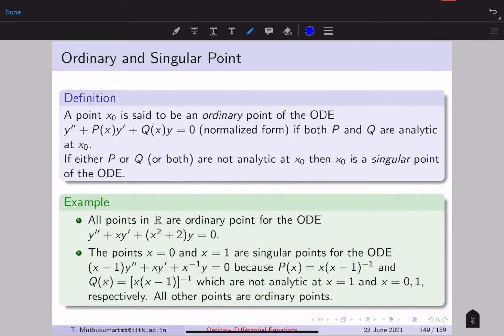So in this case, P is x over x minus 1 and Q is 1 over x into x minus 1, and both are not analytic at x equal to 1 and x equal to 0 and 1. P is not analytic at x equal to 1 and Q is not analytic at 0 and 1. So all points except 0 and 1 are ordinary points. Okay, so this is an example of ordinary points and singular points.